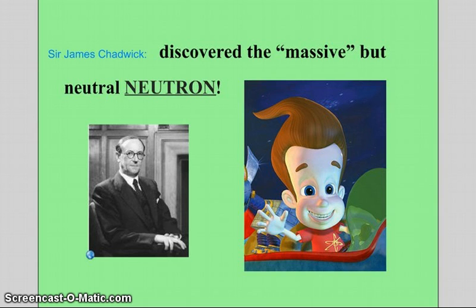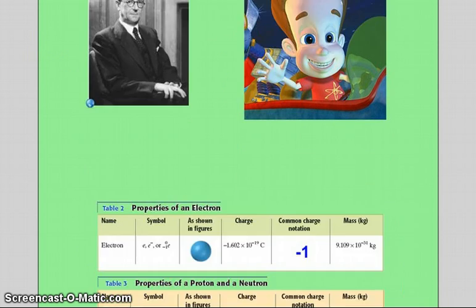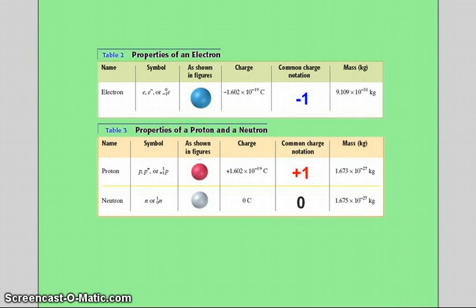And so they finally discovered this neutron, which has about the same mass as a proton, but with no charge. Again, like charges repel, so all those little tiny protons in the nucleus, they don't want to be next to each other. But when you put the neutral neutrons in, they kind of keep the peace, and so we keep the nucleus intact.